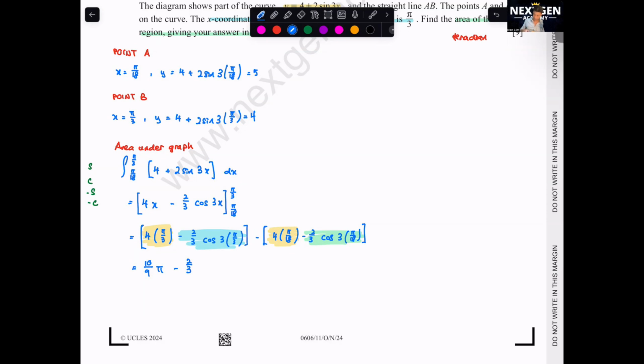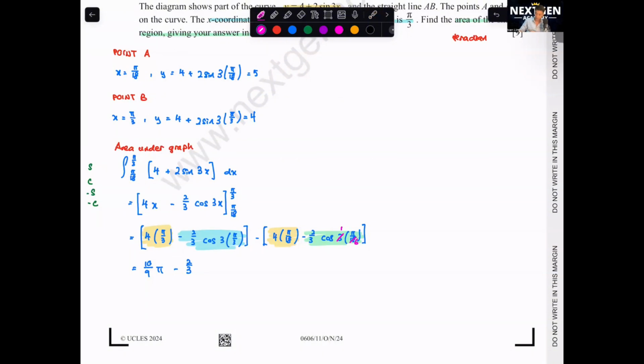Okay, let me see. Can we get the exact value here? Does your calculator show you the exact value? Sorry, 3 over 18, so pi over 6. You might need to change it first. Cos pi over 6. This one you need to simplify first, then only the exact value will come out. Somehow the calculator processes it differently.